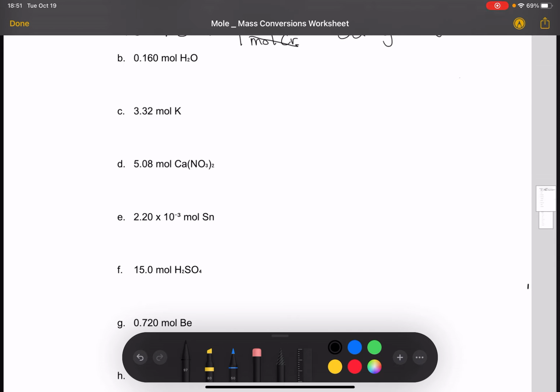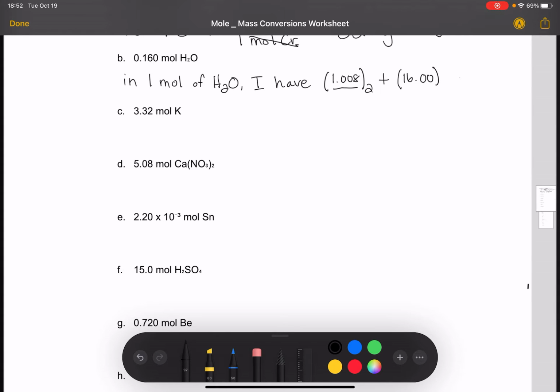All right, so first we need to calculate the molar mass of H2O. So let's do that. In 1 mole of H2O, I have the atomic mass or molar mass of hydrogen, which is 1.008, times 2, plus the atomic mass of oxygen, which is 16.